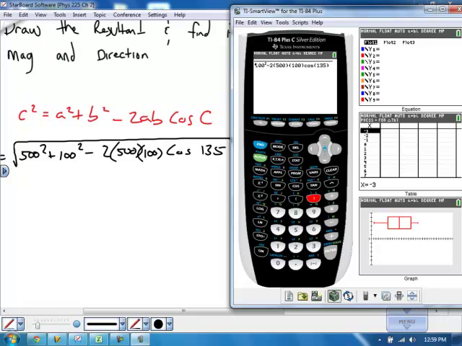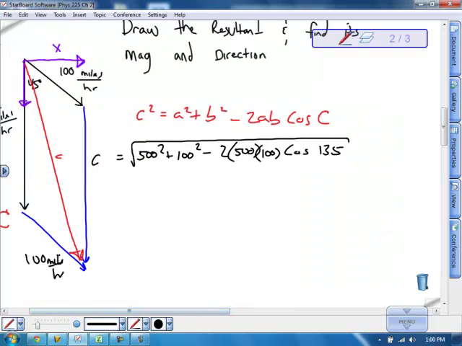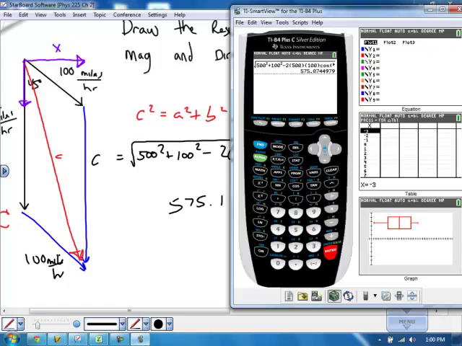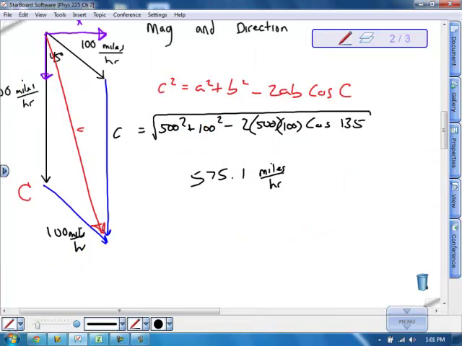Make sure you're in degrees. It should give us our answer of 575.1, I'll round to 575.1, and that's miles per hour. So that's our resultant speed, 575.1.